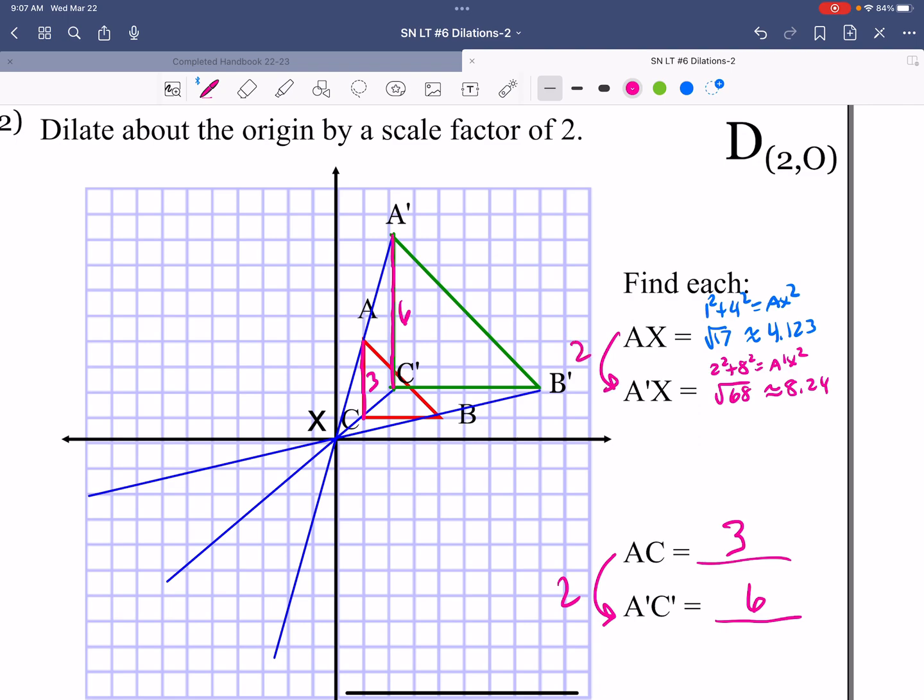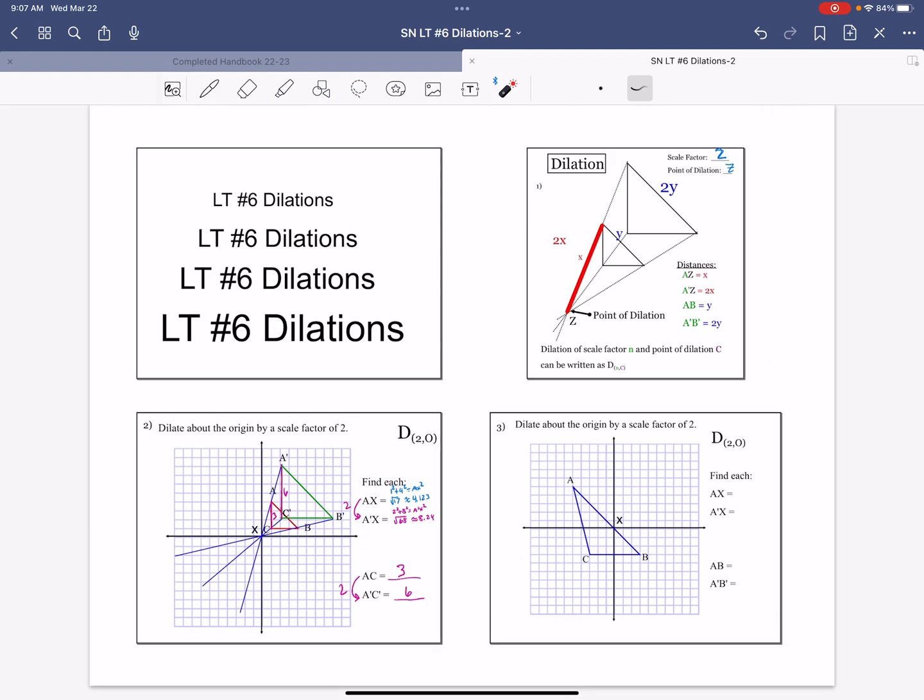So two things are happening with the dilation. If I take the distance from the pre-image to the point of dilation, and I go twice as far traveling in a sun ray path, I will get the image point. And the similar figures have sides that are proportional in that same dilation scale factor. So those are the two things you need to know.